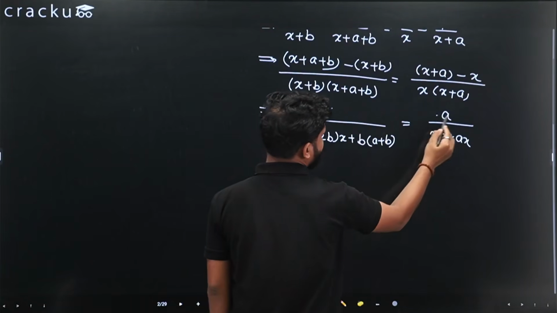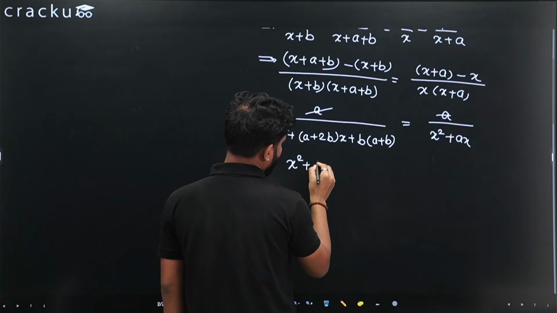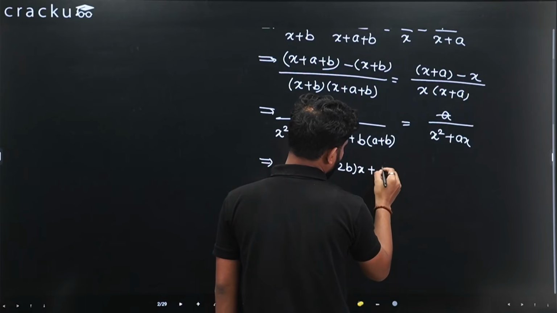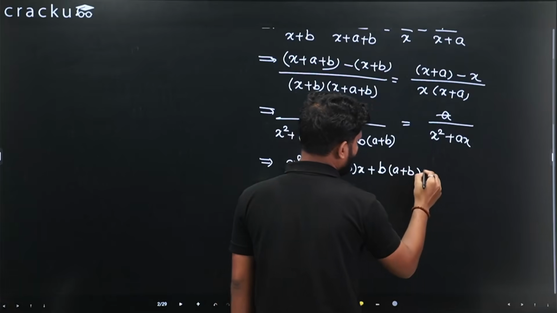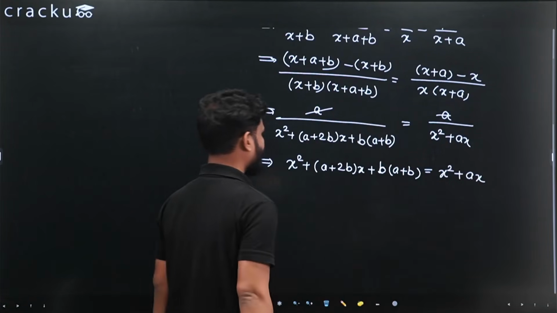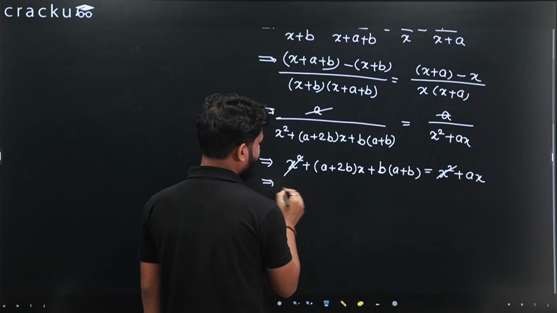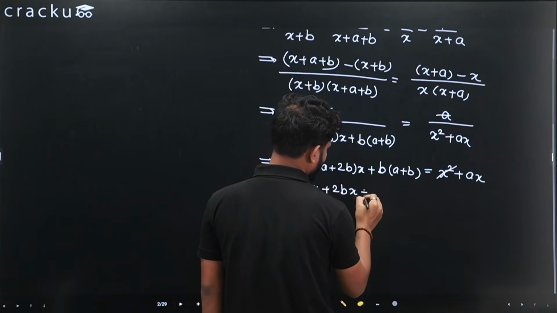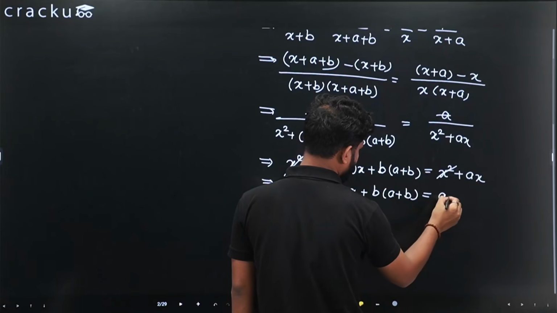From here I can cancel this a, take the reciprocal and write this as x square plus a plus 2b x plus ab into a plus b is equal to x square plus ax. Now I can cancel this x square. From here what I get? I get ax plus 2bx plus b into a plus b is equal to ax.